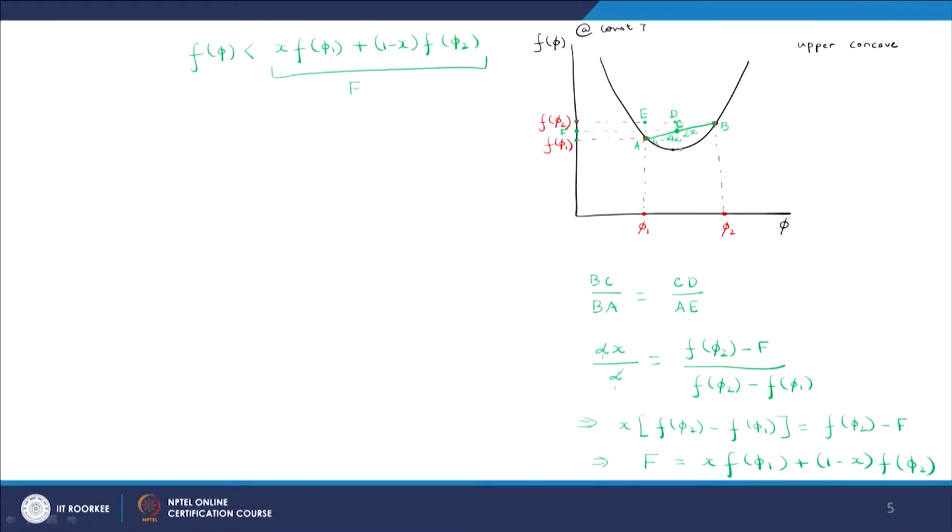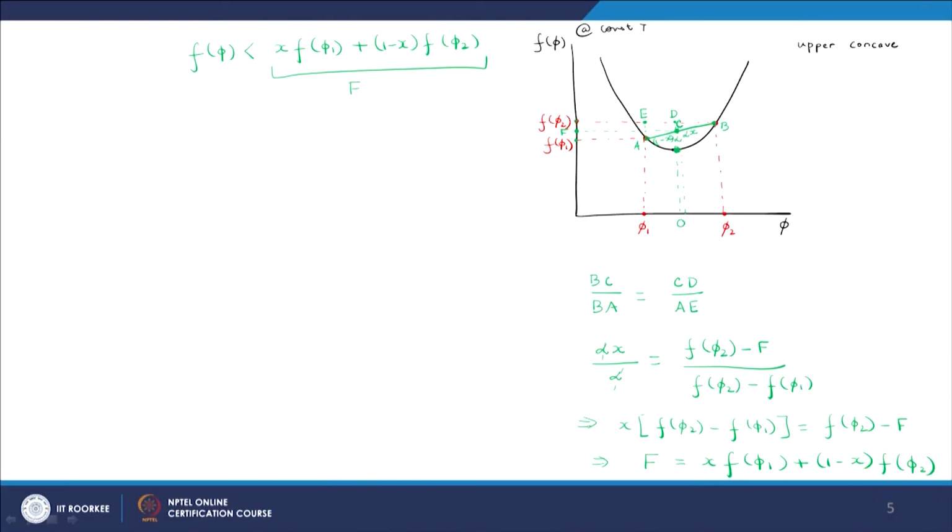So, it will lie somewhere in between, and this point is always lower than the point C. So, if I connect A and B, I get a line. The function value must be lower than that particular line because of the concave shape of the graph. Okay.